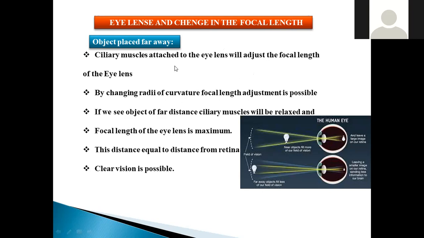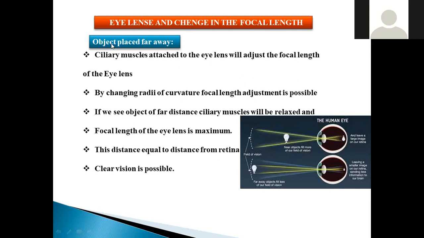When such variation in distance is possible, how can we observe all these objects with a clear vision? For that purpose, an adjustment in the focal length is possible, which is done by the eye lens. How it does this, and what the process is, we are going to discuss now.